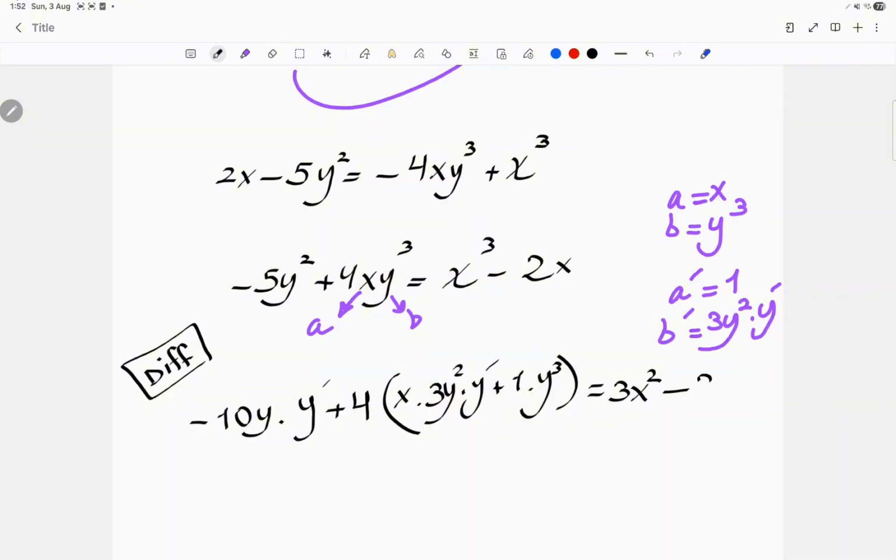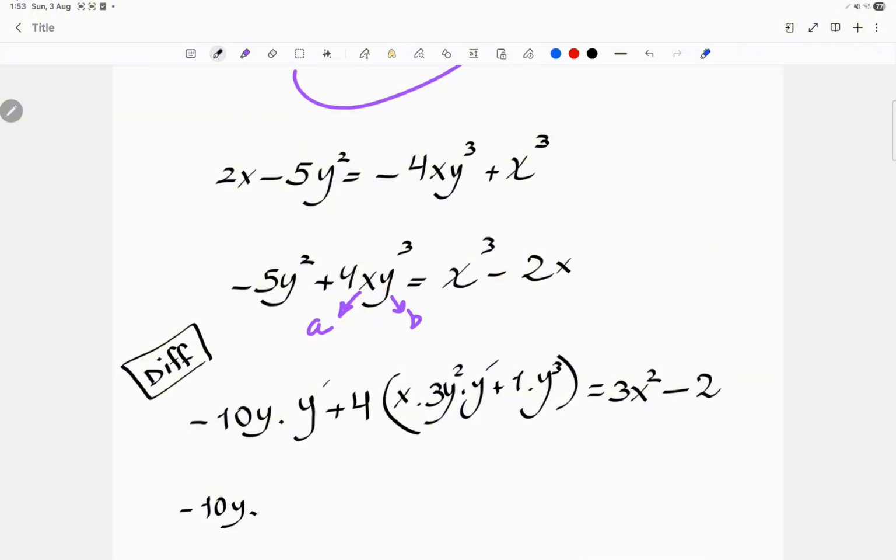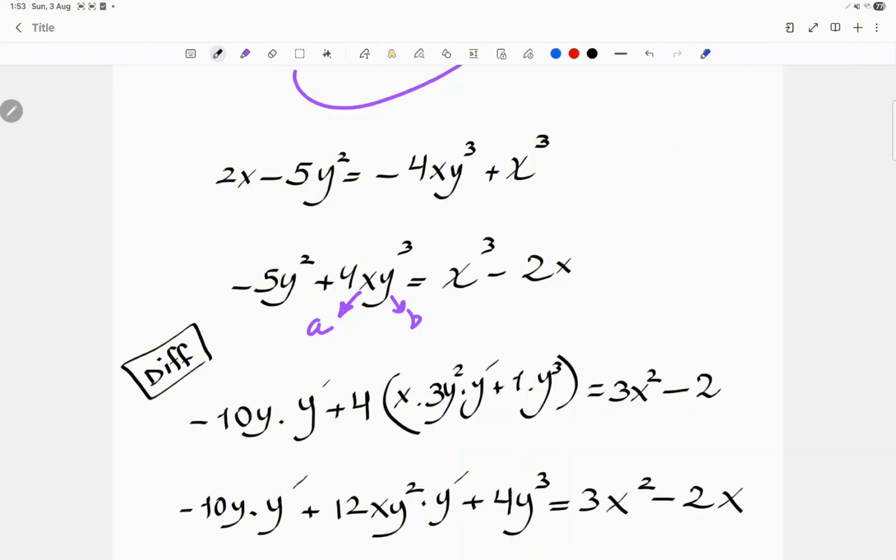And minus 2x becomes minus 2. You can erase these guys. From here, continue. Expand the brackets. So you can have minus 10y times y prime plus 12xy squared y prime plus 4y cubed is equal 3x squared minus 2x.